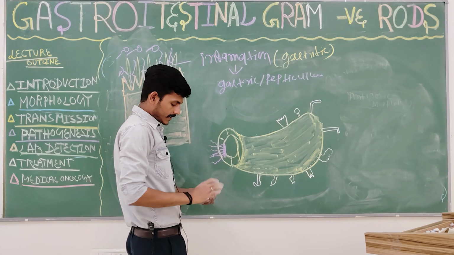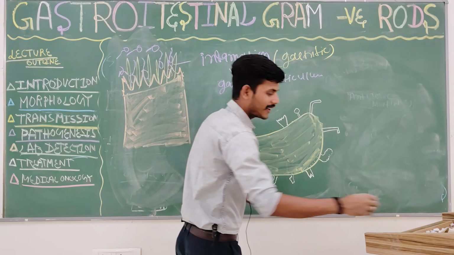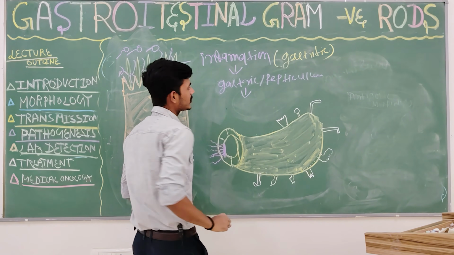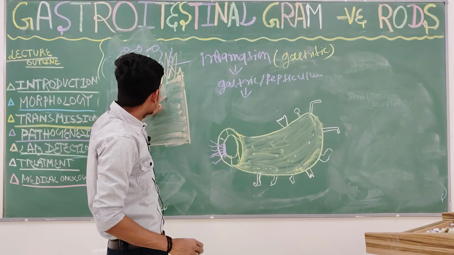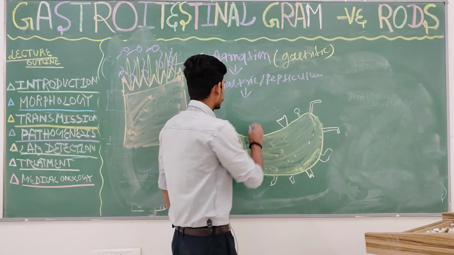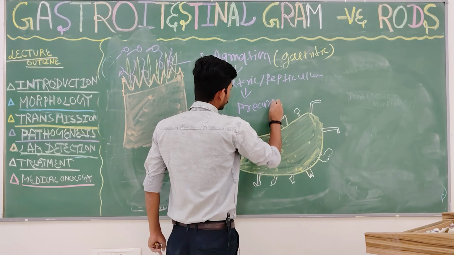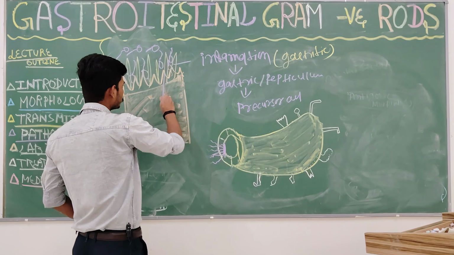Now, this is not limited to only peptic ulcer. It moves ahead and first knocks certain precursor cells in the gastric epithelium.